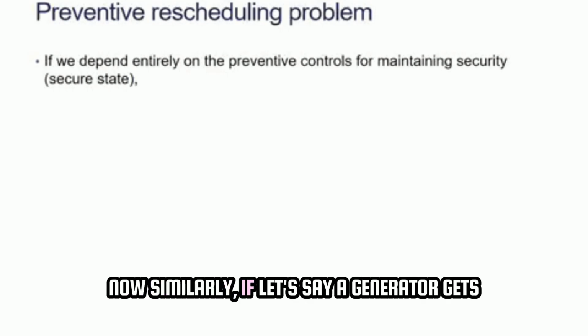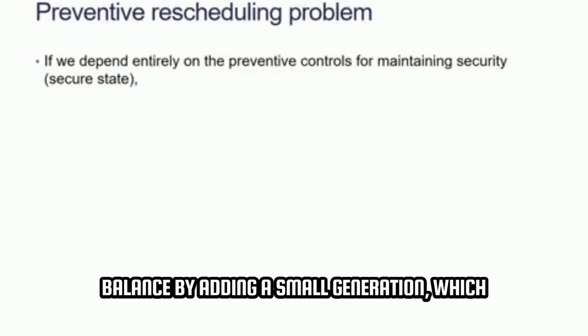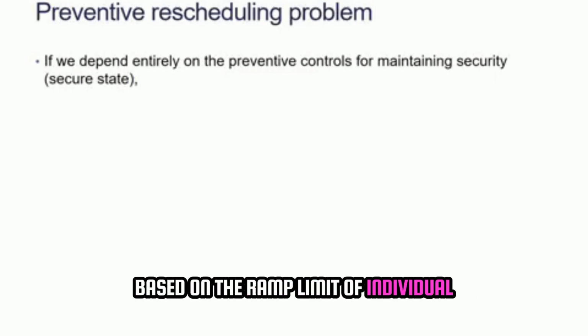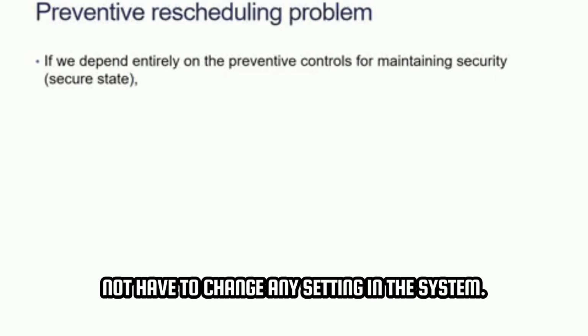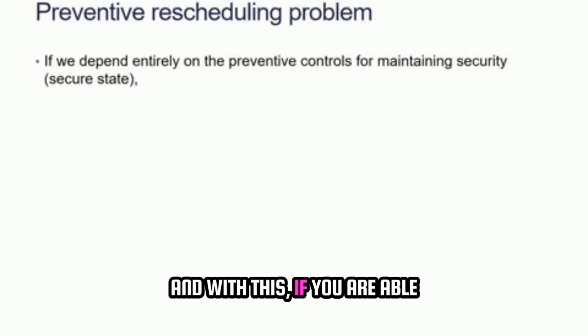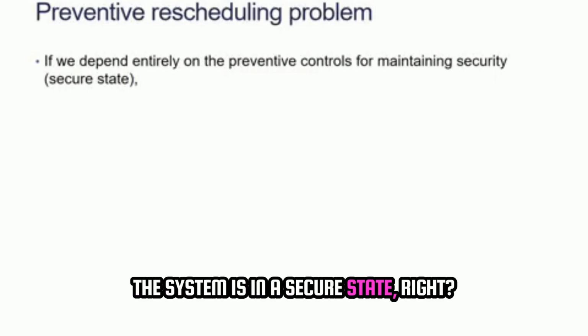Now similarly, if a generator gets out, then you only have to adjust the power balance by adding a small generation, by changing the generation set points based on the ramp limit of the individual generator. So whenever a line outage takes place, you do not have to change any setting in the system. If a generator outage takes place, you just have to change some of the generators to ensure the balance, and with this, if you are able to satisfy the system, then you call the system a secure state.